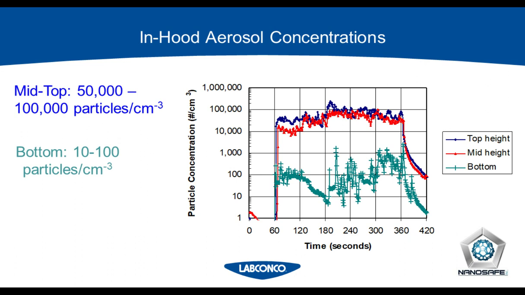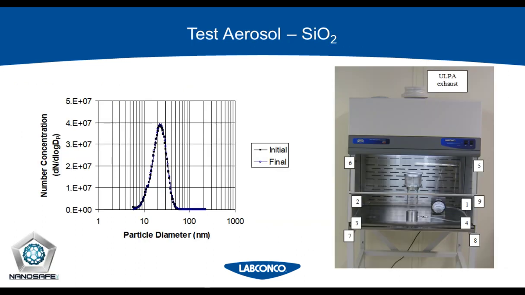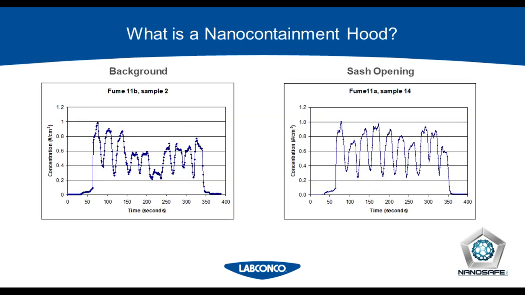This is the number of particles per cubic centimeter, and you're in the range of about 100,000 particles per cubic centimeter in the upper area of the hood. The lower area of the hood is experiencing quite a bit fewer particles, and that's simply because of the ejector position. You'll notice the ejector is emitting out of the top of that device, so we expect the numbers of particles to be higher up high.